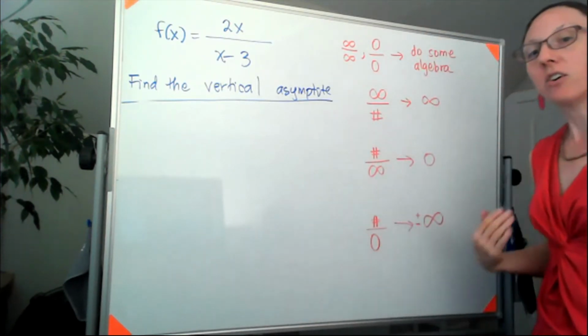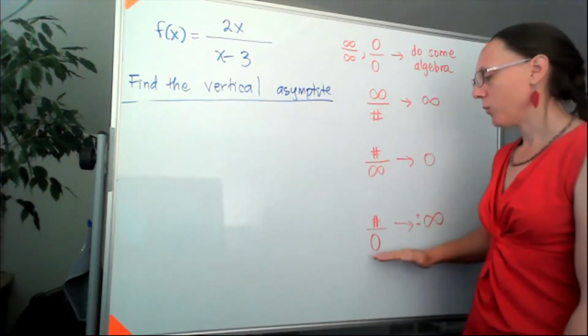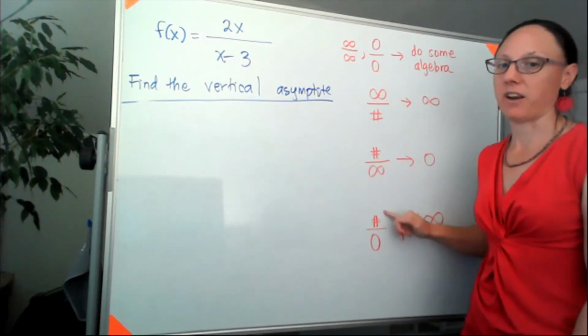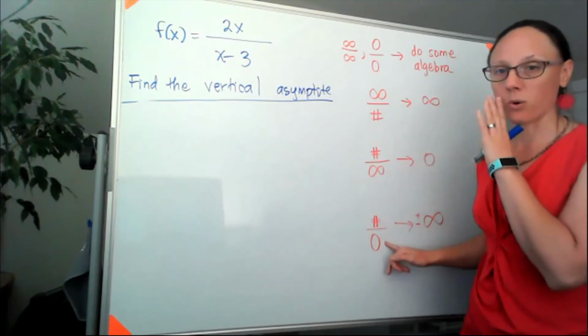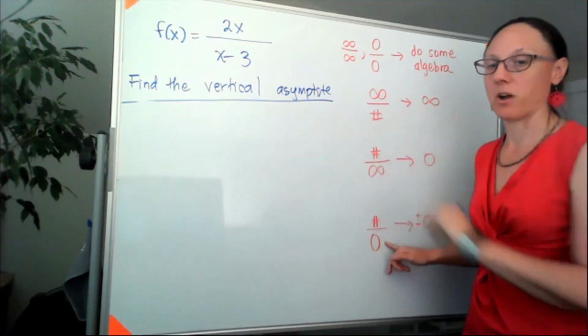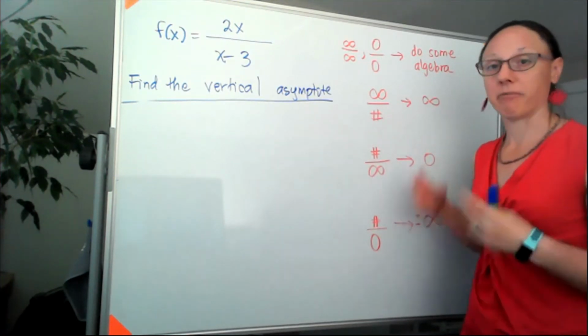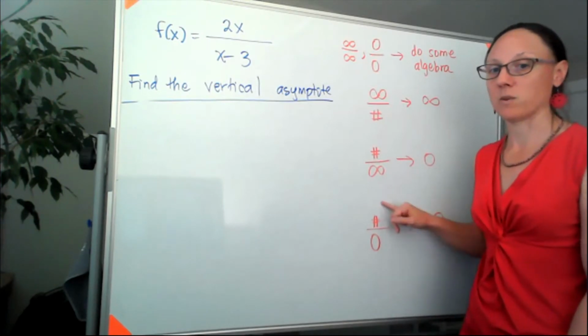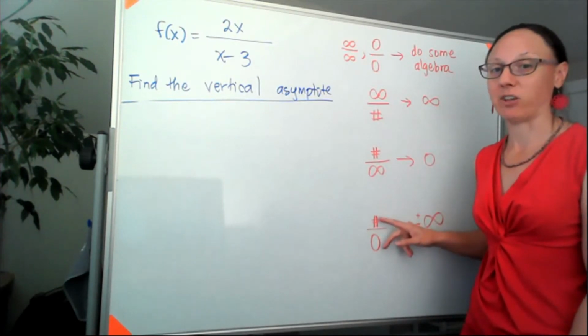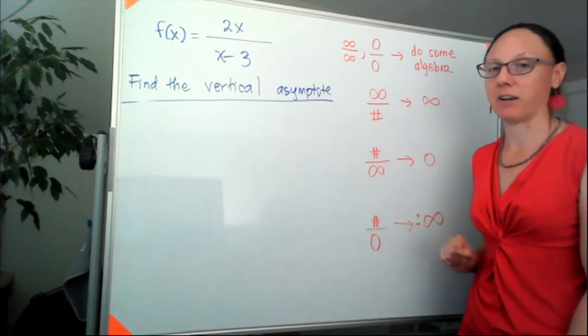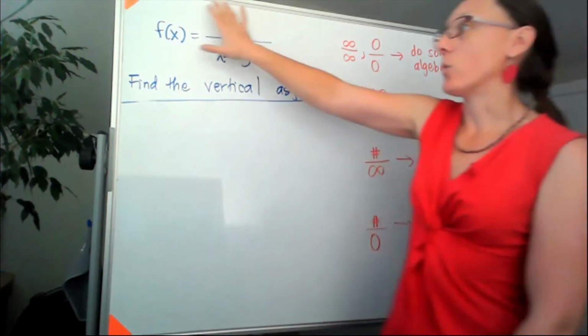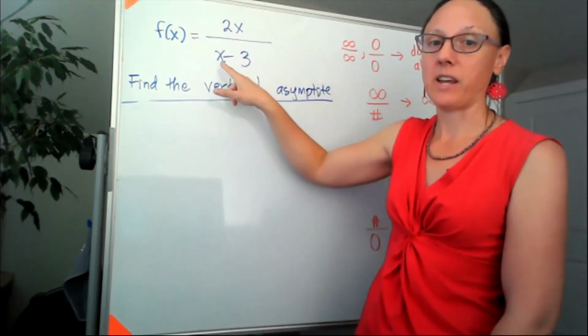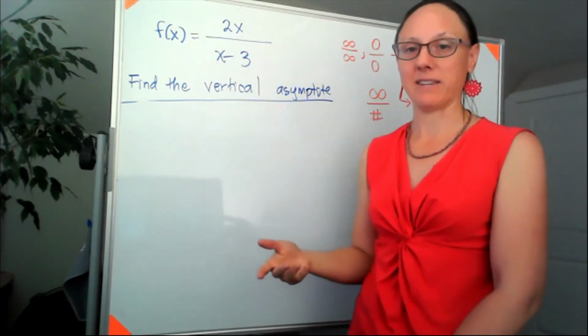So that means vertical asymptotes are happening when we have a situation where I've got a number divided by 0, or when we're talking about logs later, but those are coming up in 16b. For now, I'm looking for x values that would give me a number divided by 0. So thinking about our function, 3 is a value of x that would make us divide by 0.